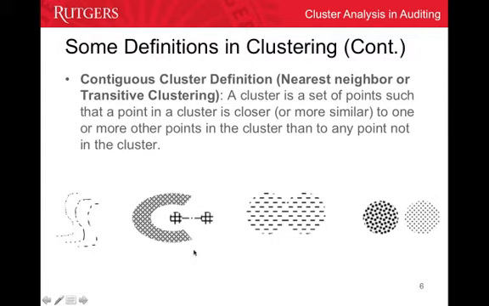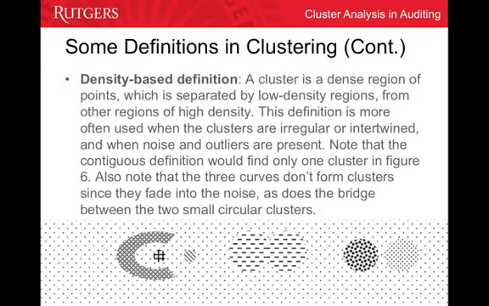We can see in this figure that even though these two groups of points are not located together, there are some connections between them, so we still consider the points as one cluster.